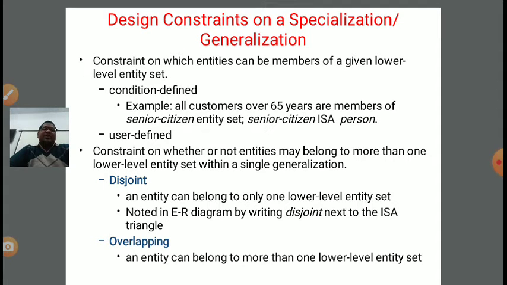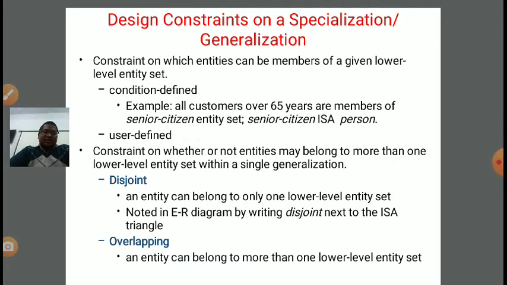It means senior citizen is a person. Or it can be user defined. So two categories are possible in a constraint while defining specialization and generalization: first is condition defined and second is user defined.